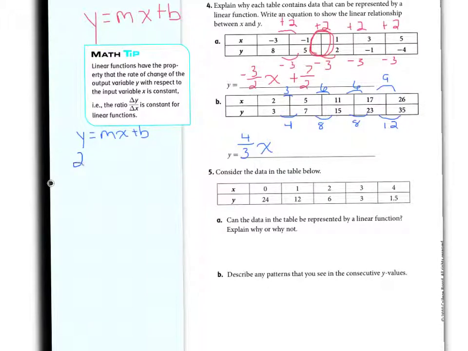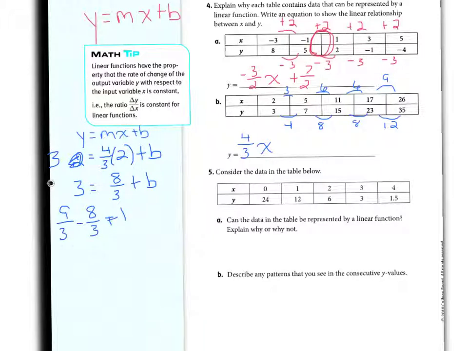So 2 would go in for our y value. 4/3 of x, whoops, this was a 3, plus b. 3 equals 8/3 plus b. Subtract 8/3, but I better make this 9/3 minus 8/3. Gives us our b, which would be 1/3.